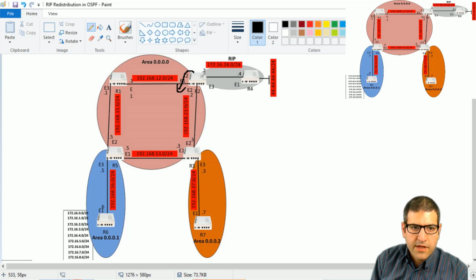We did it from the ASBR, router 2. So if router 1 is trying to reach this network here, now he knows how to send his packet to it. He knows how to reach this network. But now the problem is that router 4 doesn't know how to reach back.